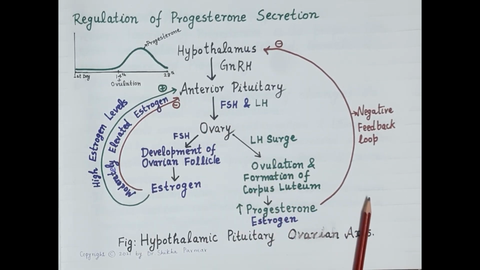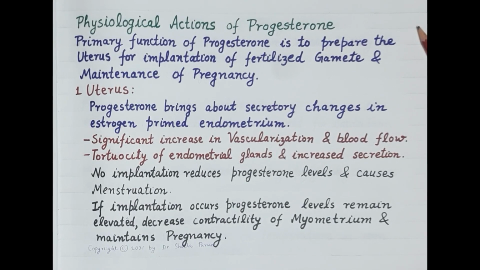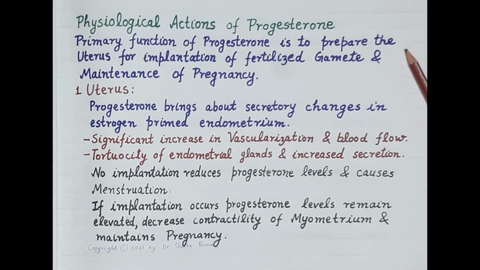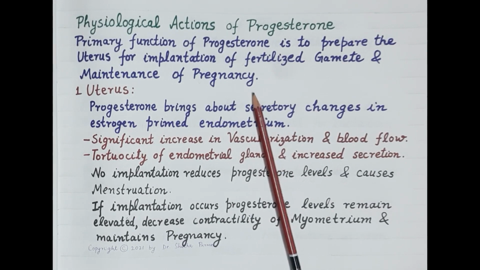So after the regulation of progesterone secretion, let's study physiological actions of progesterone. Now, talking about the physiological actions of progesterone, the primary function of progesterone is to prepare the uterus for implantation of the embryo, or for the implantation of the fertilized egg or fertilized gamete, and maintenance of pregnancy.